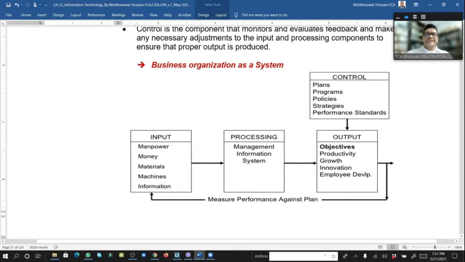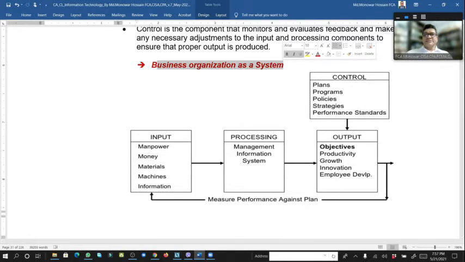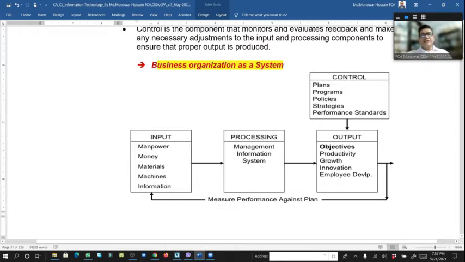So we can say that a business organization is a system. How? Here again we are saying that input, here man, machine, material, information, goes to the process, management information system.